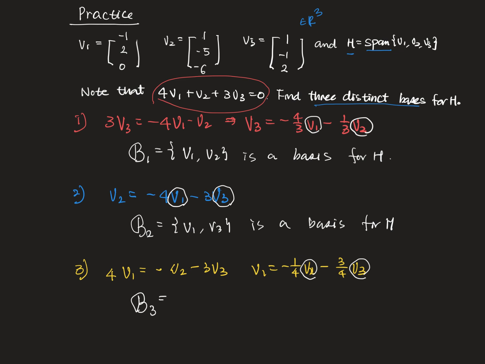The third basis is V2, V3 for H. So this example shows you remove one unnecessary vector from the set of vectors, and then you can find a basis for the subspace.